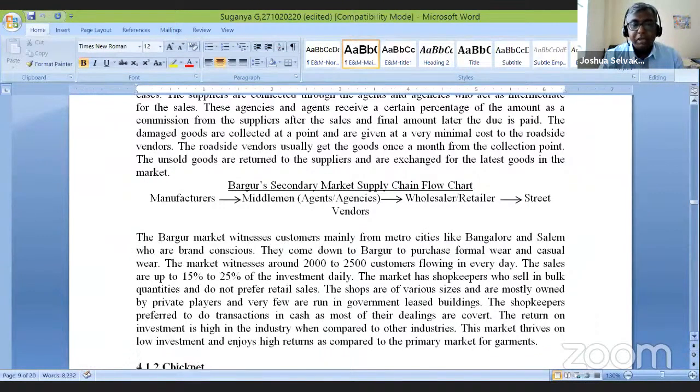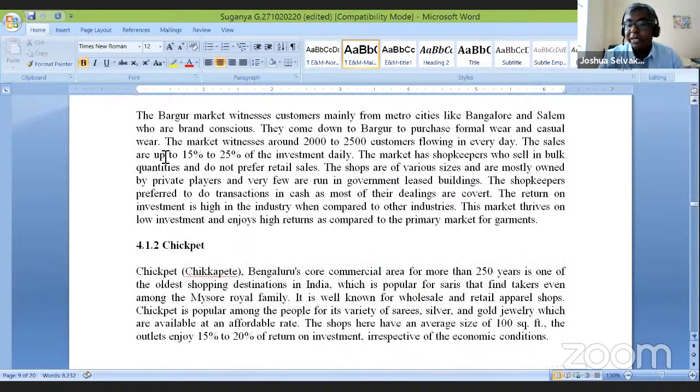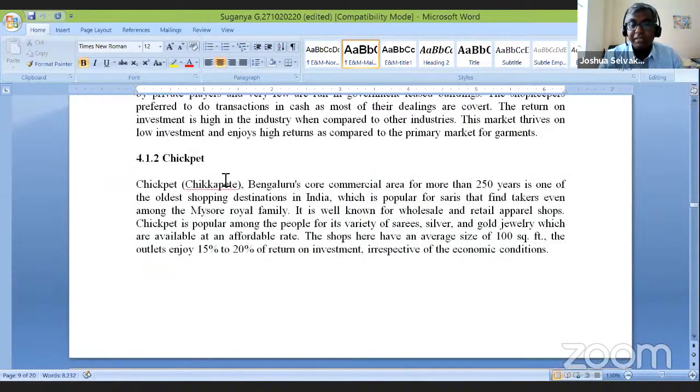Okay, let me go to another place which I want to introduce to you, which is in Karnataka. It's called Chickpet in Karnataka. This is a very old secondary market. After Surat in Gujarat, Chickpet in Karnataka is a very old market.